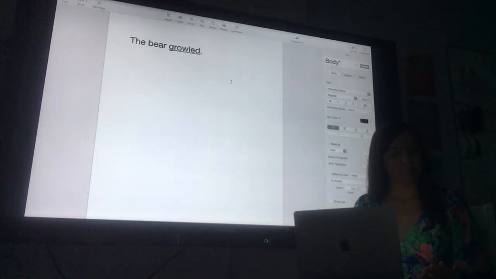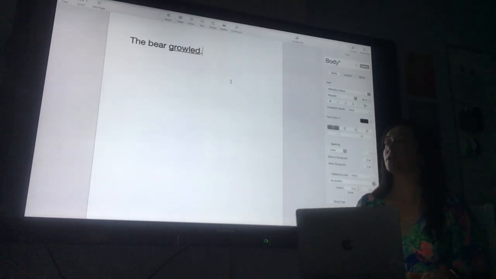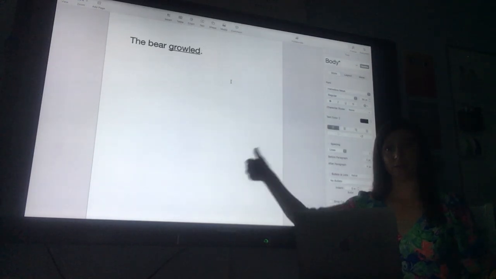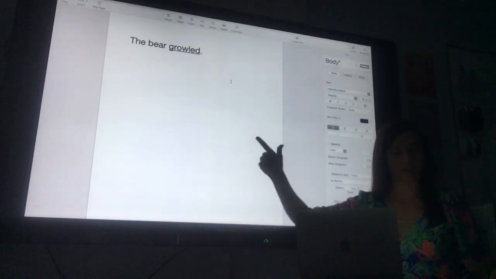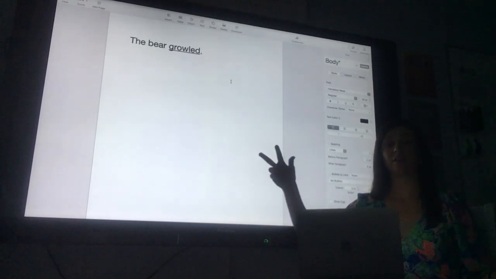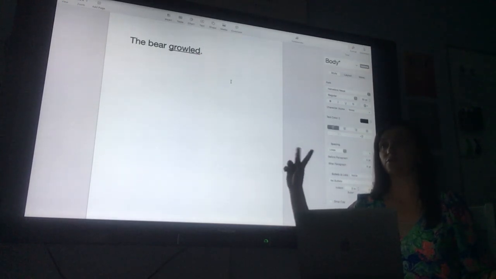So there are also some words I just don't accept. People come up to me and they're sad because I won't accept the awesome bear growled or the wonderful bear growled. If an adjective can describe a plant, a basketball player, and a day, it is not a quality adjective because those are really unrelated. Quality adjectives have to be specific.